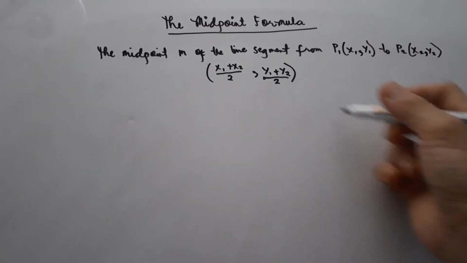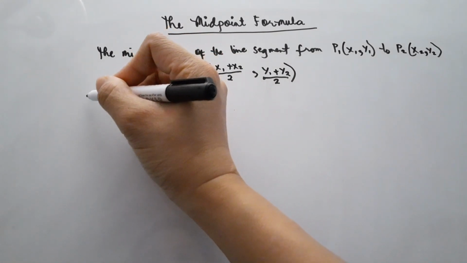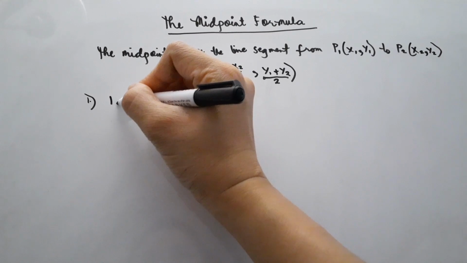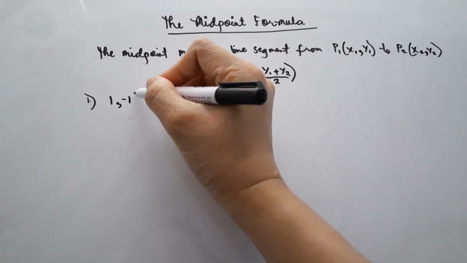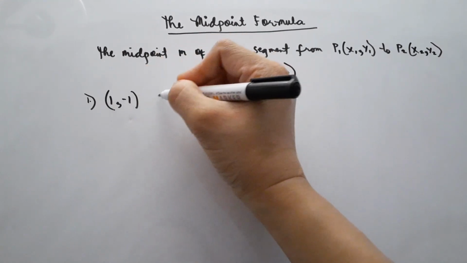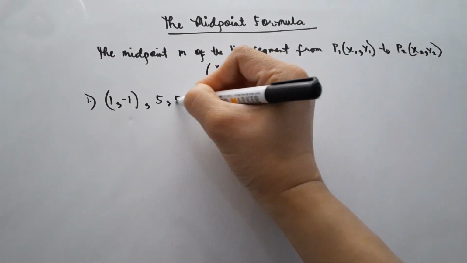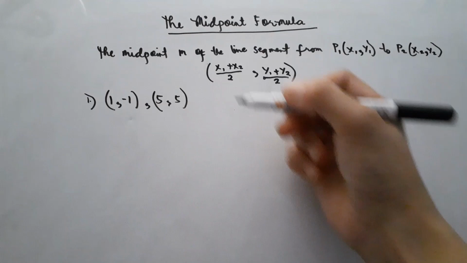So let's have an example. In example number 1, we have 1 and negative 1, which is our point 1, and 5 and 5, which is point 2.